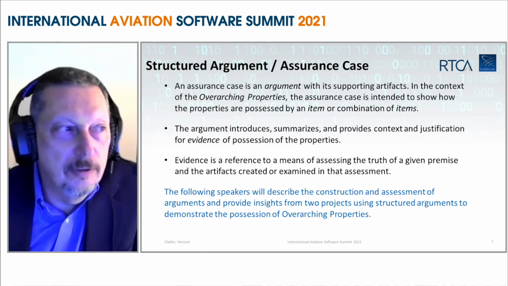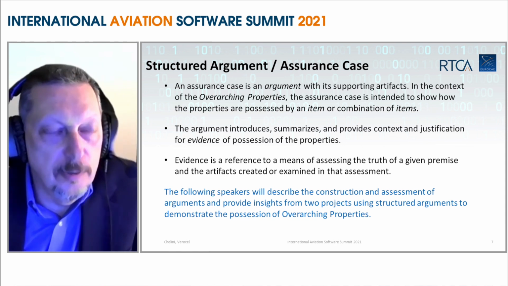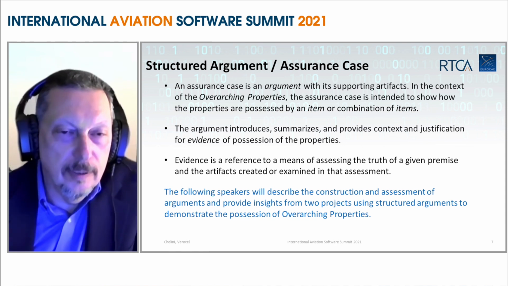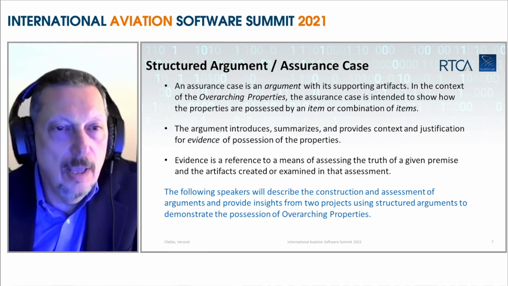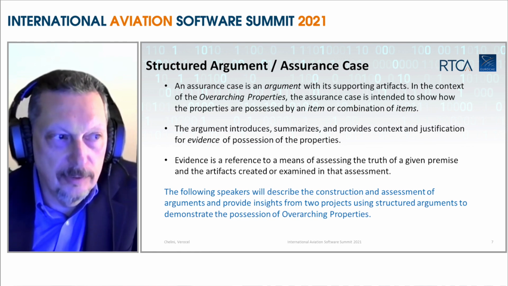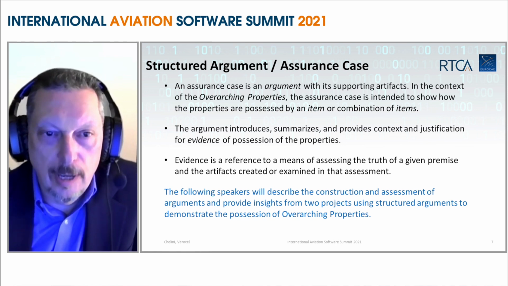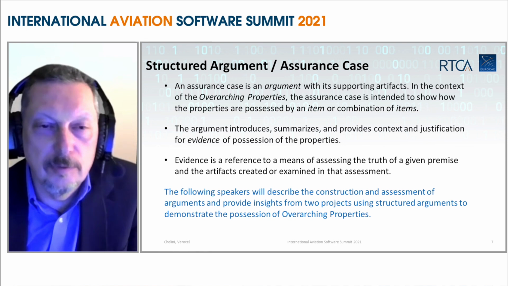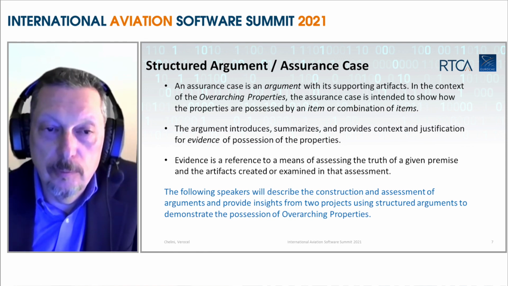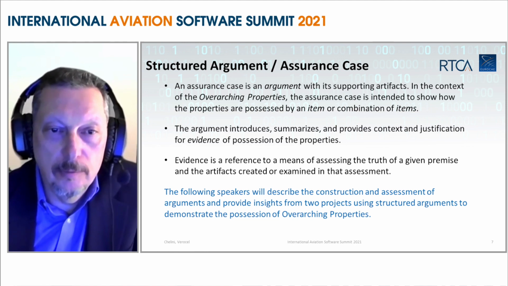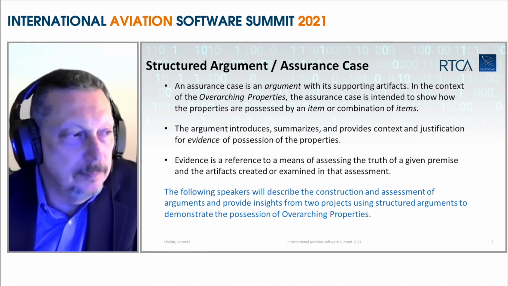So an assurance case is an argument with its supporting artifacts. In the context of the overarching properties, the assurance case is intended to show how the properties are possessed by an item or a combination of items, essentially a system or subsystem. It is intended to also work for software, hardware, or at the system level.